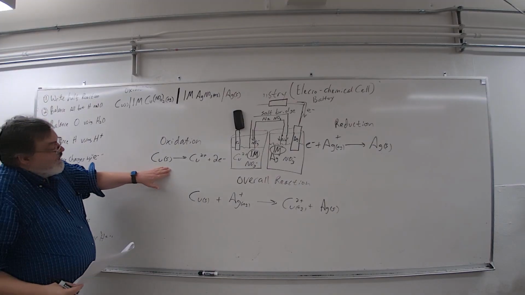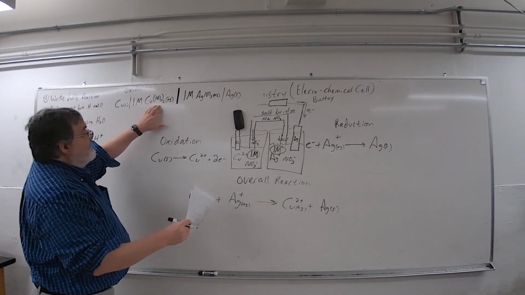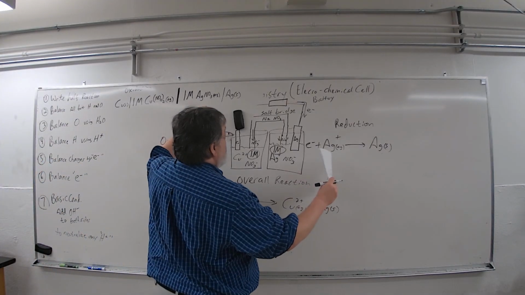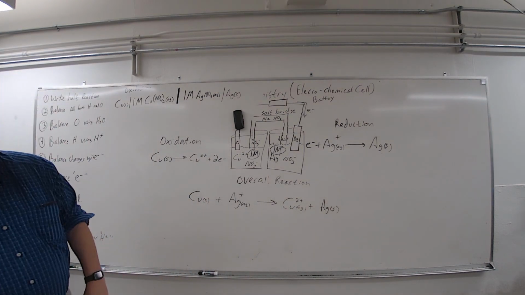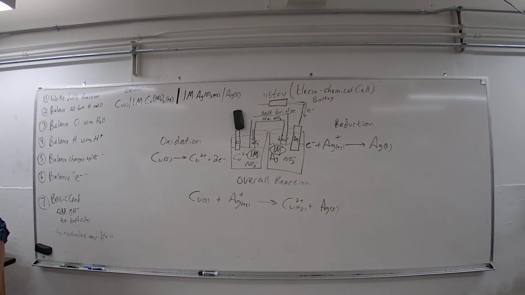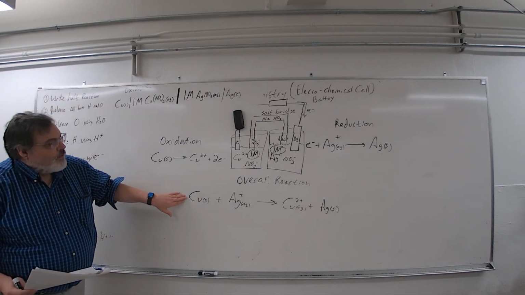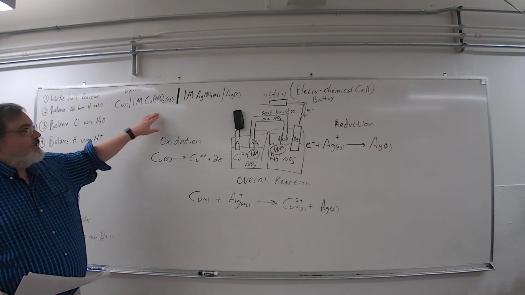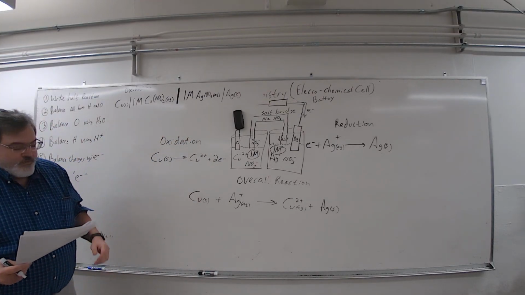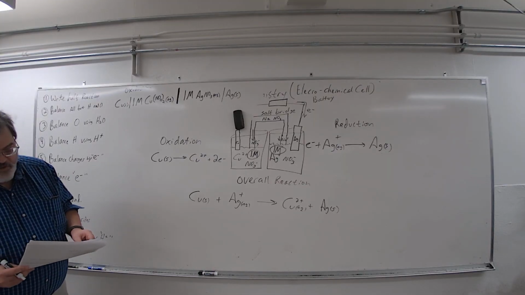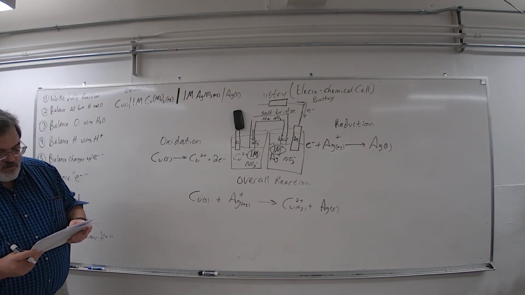So you're sort of writing a summary of this here, copper becoming copper 2 plus. And over here, you're writing a summary of Ag plus becoming Ag solid. So again, long-winded way just to show you some conventions about this. You could be given this and told to write down the standard way of writing it. I suppose the nitrate would have to be involved there for you to see it. And I knew it would just be a long-winded way of doing that.